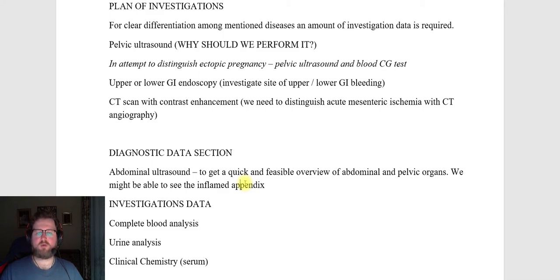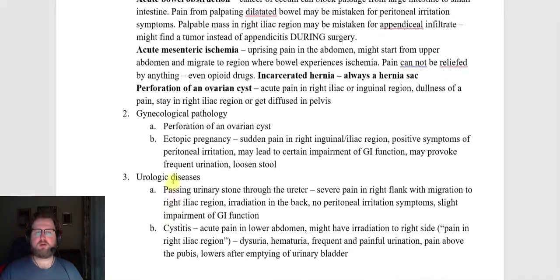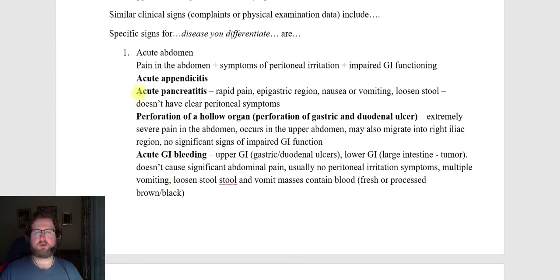So let's take a quick overview of what information can be obtained from abdominal ultrasound regarding all those diseases we've mentioned in the differential diagnostic session.